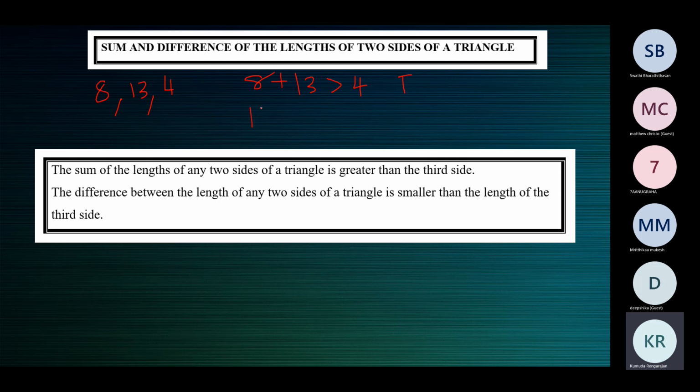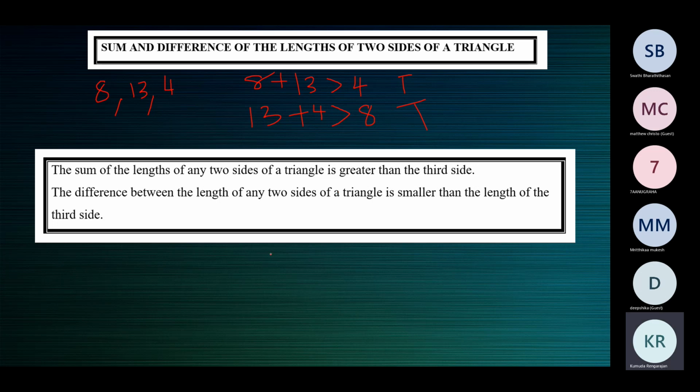Next, 13 plus 4. What is 13 plus 4? 17. And it is greater than the third side 8. 13 plus 4 is 17, which is greater than 8. This is also true. The other one also should be true. All three should be true, then a triangle is formed.